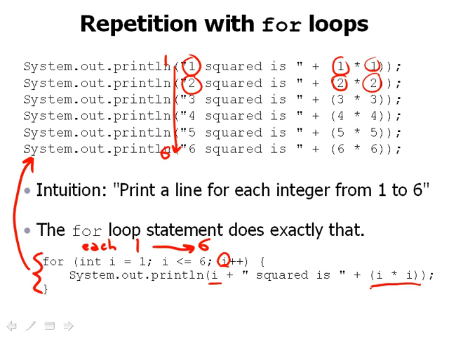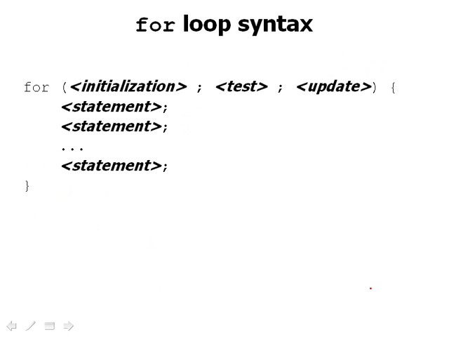Let's look a little more at the syntax of this for loop and how it actually works before we try to program one for ourselves. So here's the general syntax for a for loop. The heading of a for loop starts with the word for and then a set of parentheses, and inside those parentheses there are 3 pieces separated by semicolons. The first piece we'll call the initialization, the second piece I'll call a test, and the third piece I'll call the update.